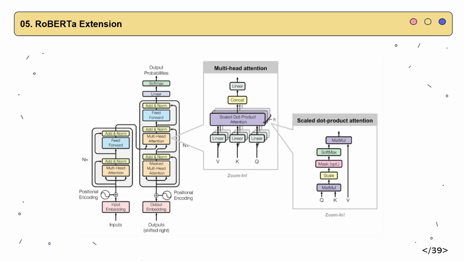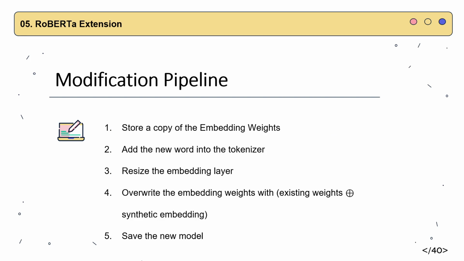How do we actually modify Roberta to take in this synthetic embedding? We will first store a copy of the existing embedding weights. We'll then add this new word into the tokenizer and resize the embedding layer. We'll override the embedding weights with the concatenation of the existing weights and the synthetic embedding. We'll then save the new model.